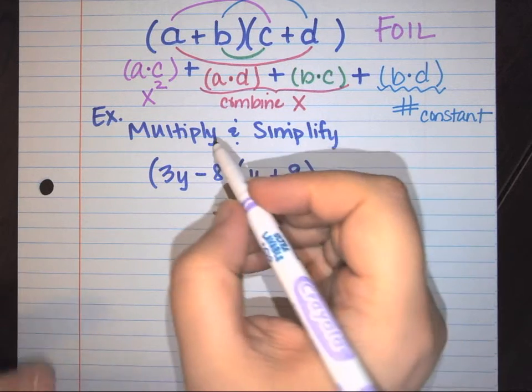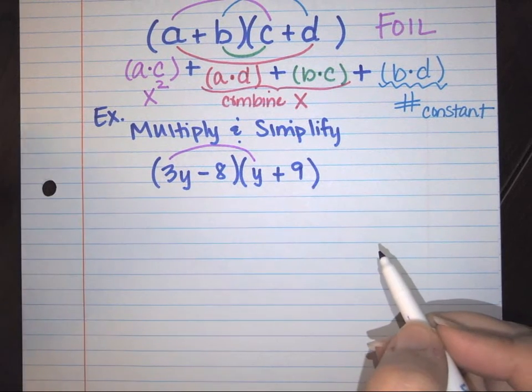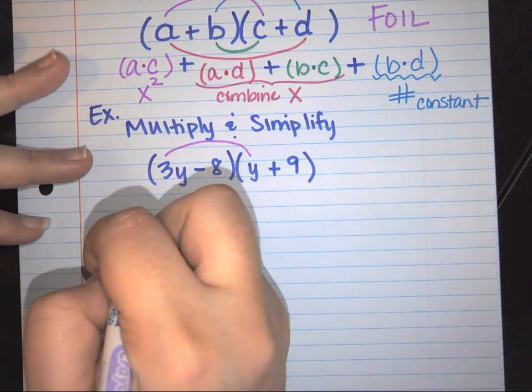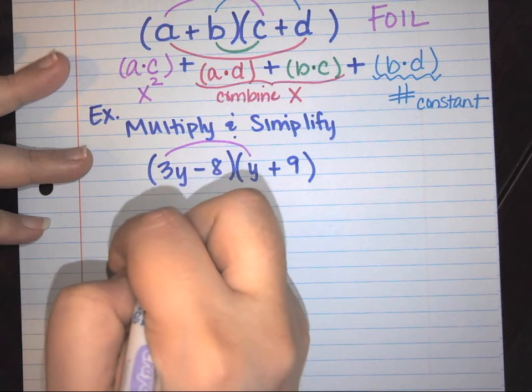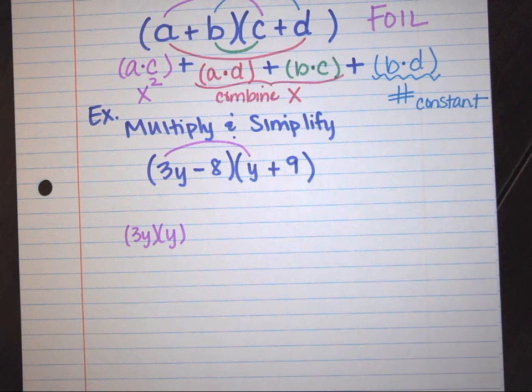So this would be my 3y and my y. So this makes up my first. So I'm going to have 3y times my y. I have to add that to my next term in the sequence, being outer.